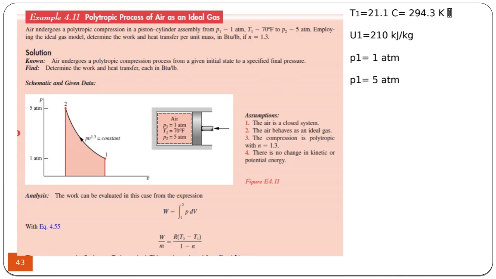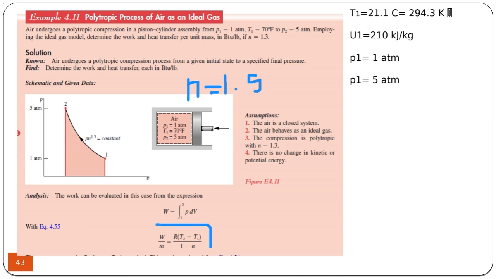An example regarding this: there is a piston cylinder system in which the piston is moved to the left so that the gas inside the cylinder is compressed. And this is a polytropic process, and the constant of the polytropic process is 1.5, so n is equal to 1.5. The compression takes place polytropically.